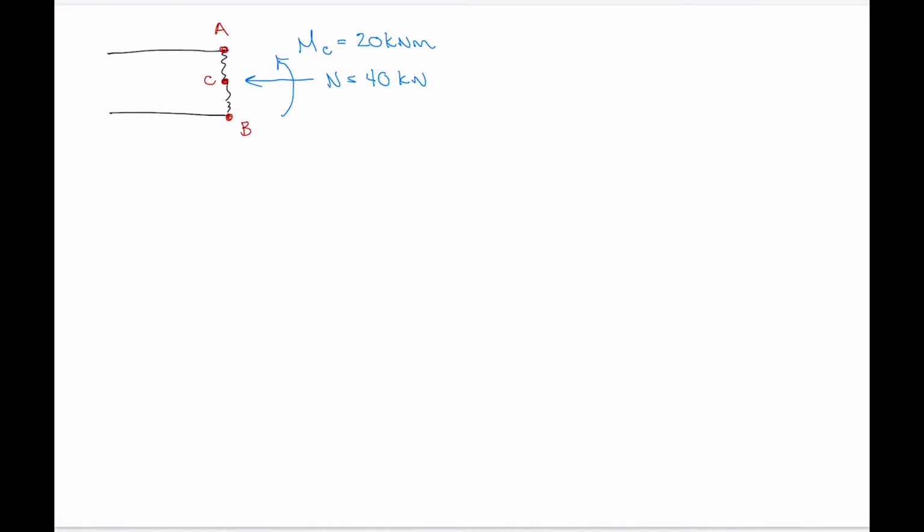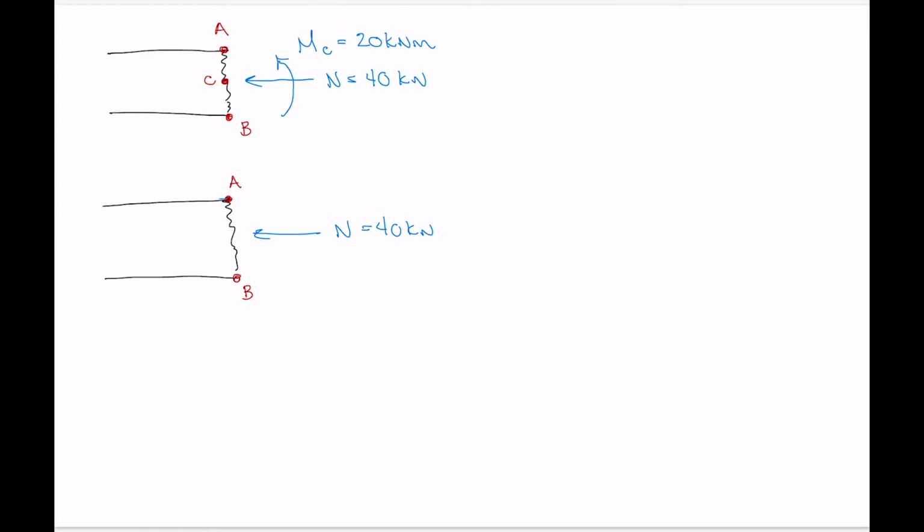So let's consider the internal normal force first. So I'm just going to re-sketch that cross section there like this, and we're just looking at the internal normal force N right now. So we know how to calculate stress due to an internal normal force. It's sigma equals N over A. And all of the points in the cross section will experience the same stress, sigma equals N over A. And because the normal force is compressive, that stress is going to be compressive.